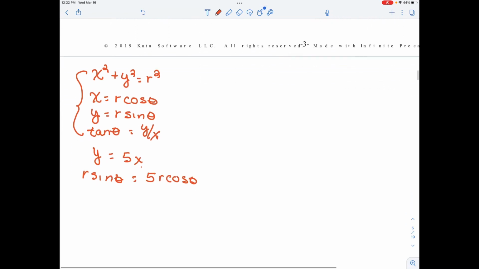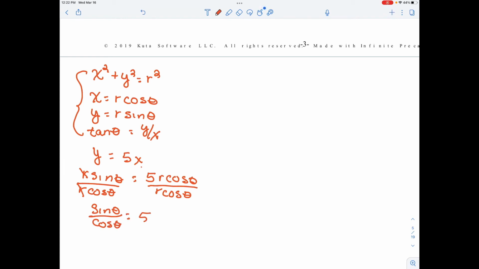So let us see if we can solve for r. I see that my r's are going to cancel out. So I'm going to divide both sides by r cosine theta. When I do that, the r's cancel, and I'm left with sine theta over cosine theta equals 5. And that's just 5 is equal to tangent theta.